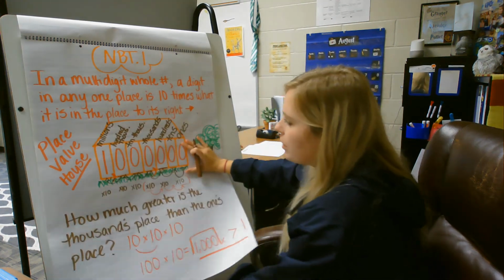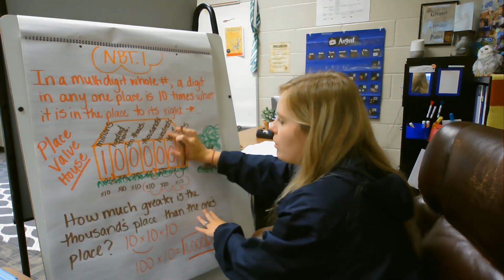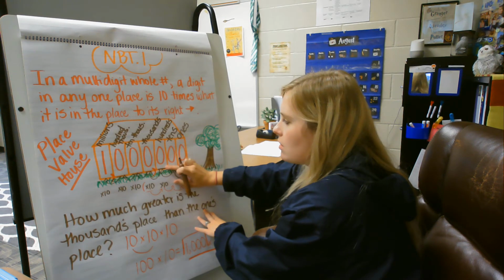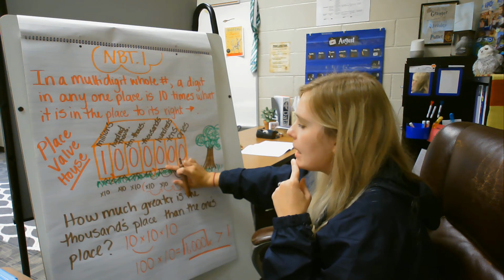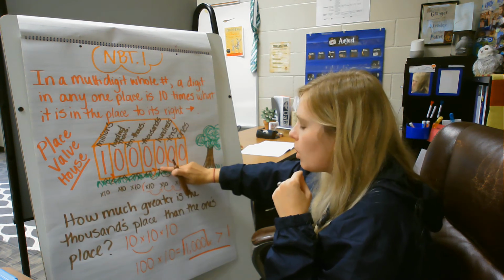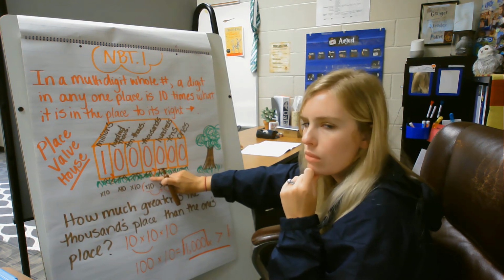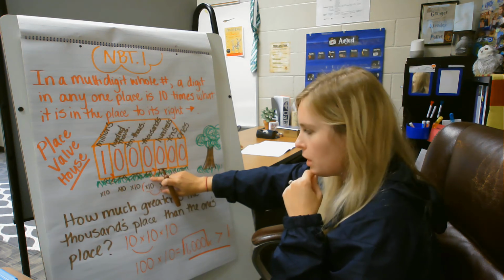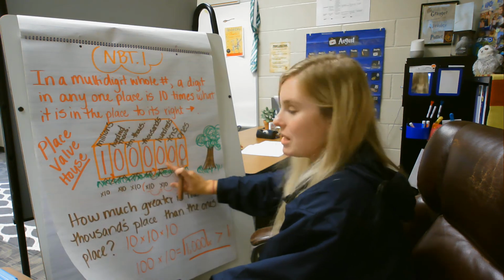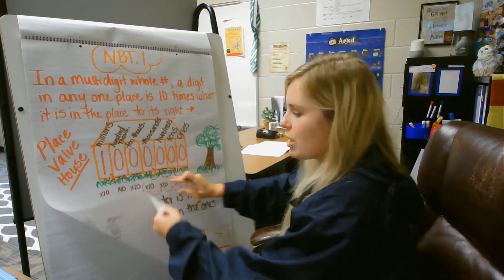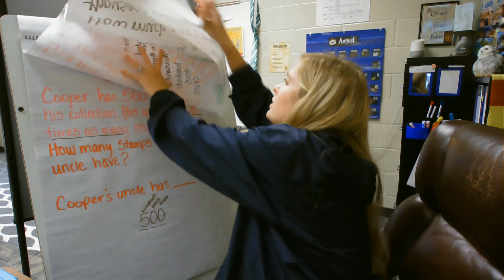We know Cooper is at 500 here, and we know Cooper's uncle has 10 times more. What hop am I making? Am I making a hop this way, or am I going to make a 10 times greater hop this way? You're right if you said you're making a 10 times greater hop going this way. Remember, as you hop this way, you're getting 10 times greater each hop.